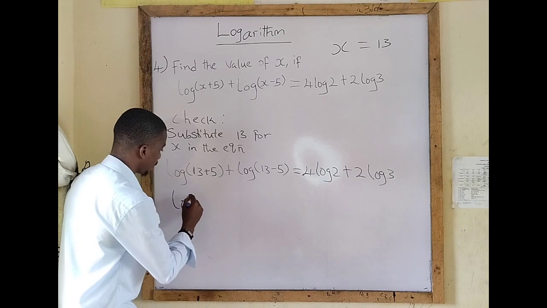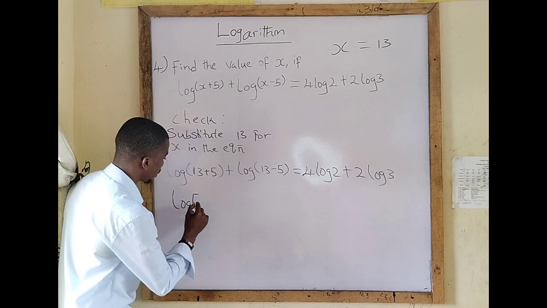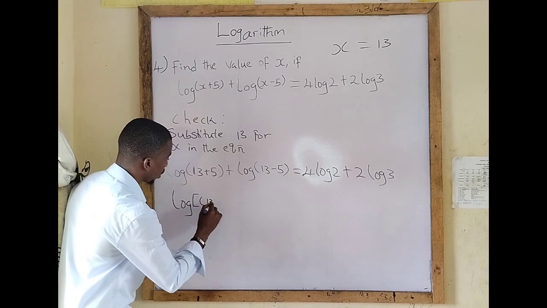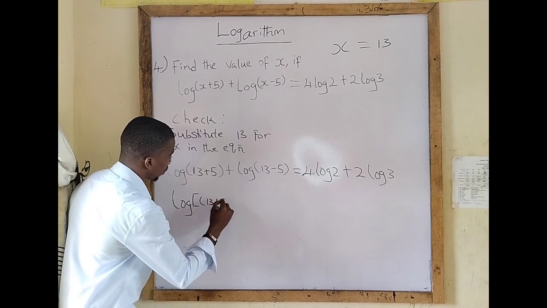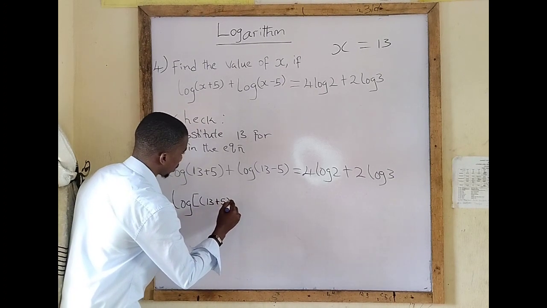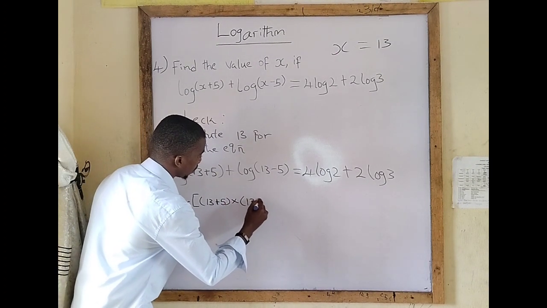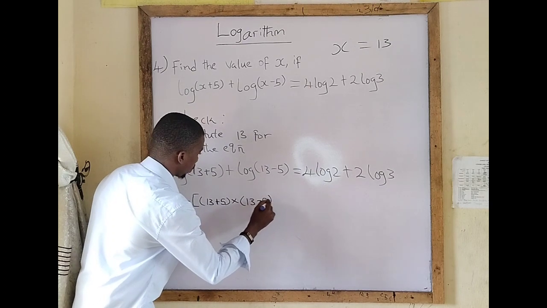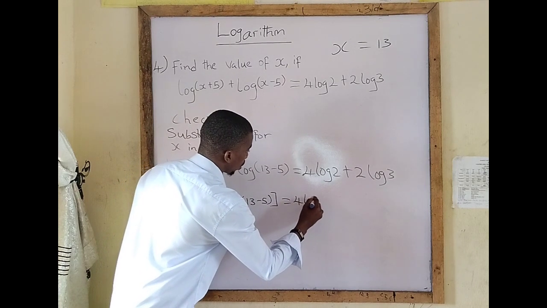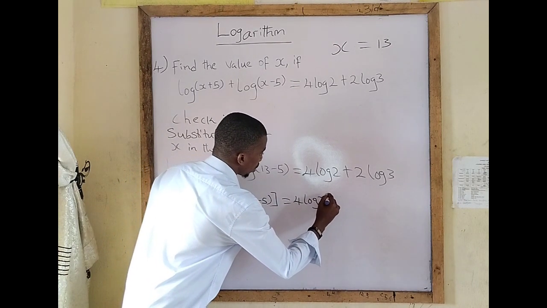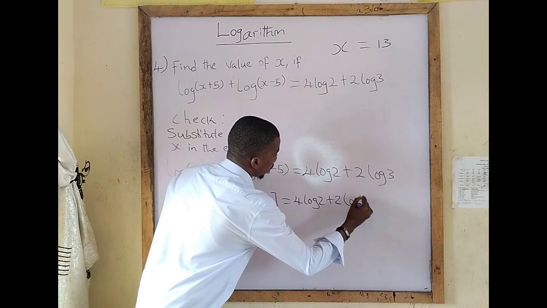So we have log of (13 + 5) times (13 - 5) equal to 4 log 2 plus 2 log 3.